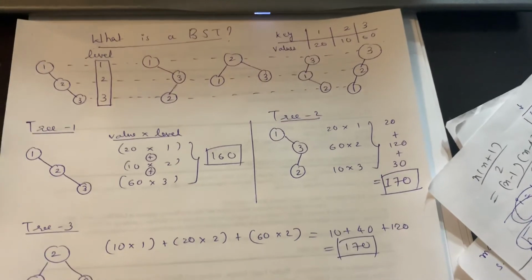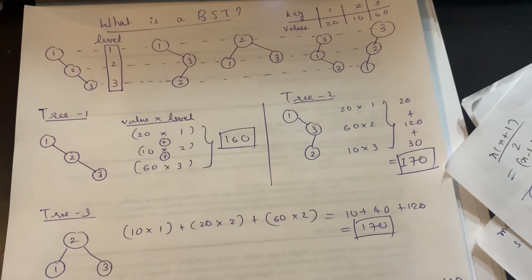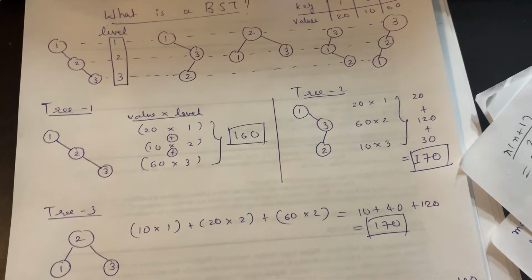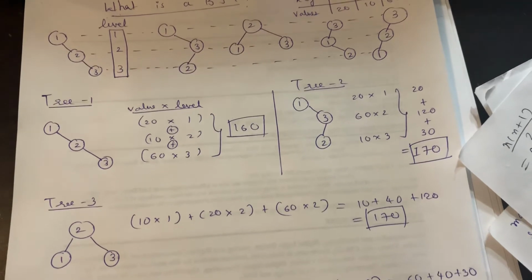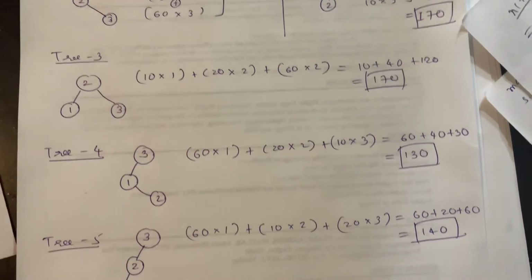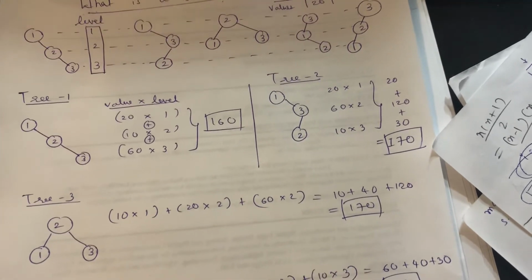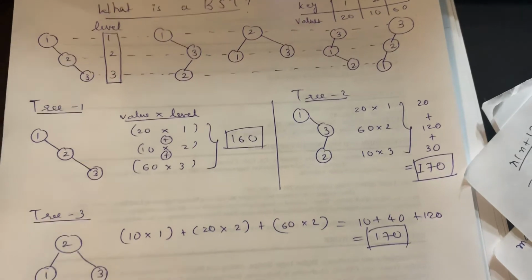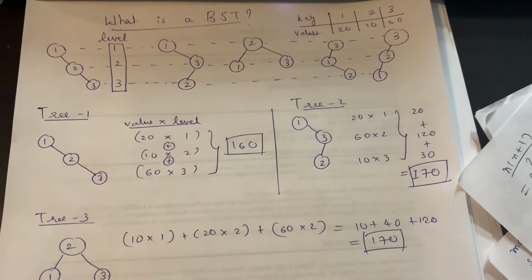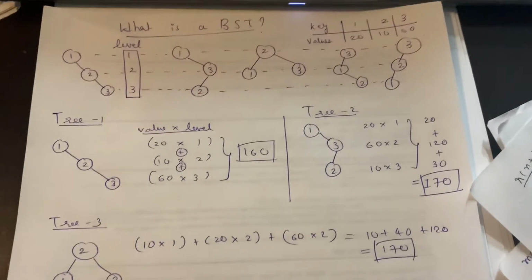But in the real world, with large data, imagine you have hundreds of keys and there'll be like infinite, well, not infinite, but a lot of BSTs, and it's not practically possible to do the whole process for every one of them and find out the optimal binary search tree. And that's why we need to learn the algorithm, which we'll do in part 2.